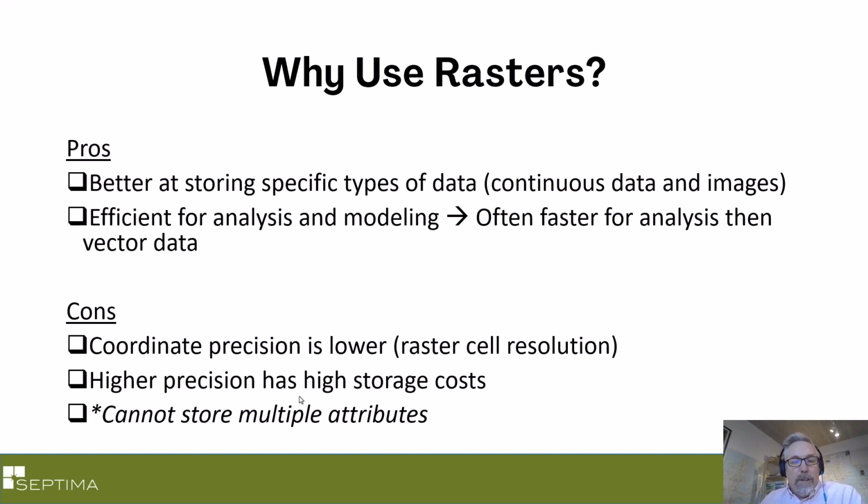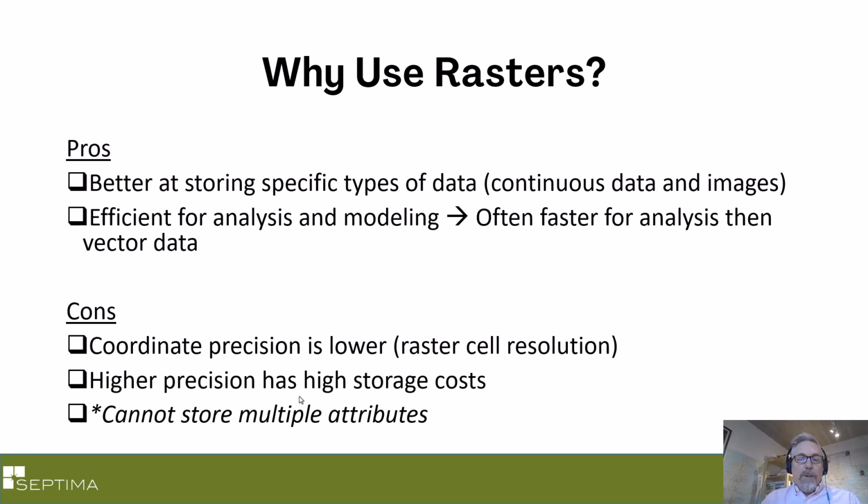Another negative is that with higher precision comes a storage cost. We can decrease the cell size to get finer resolution rasters, but that increases the amount of disk space it will take up. The third one's in italics, cannot store multiple attributes, and this is not entirely true, which is why it's in italics.